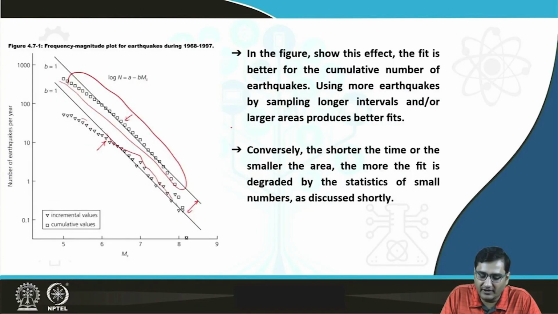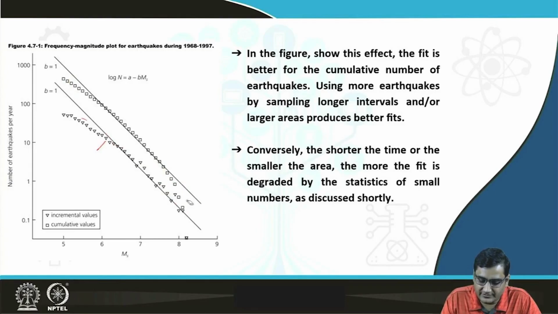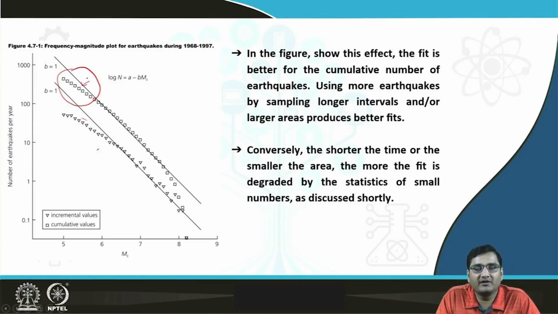If you look at this curve here, let me show it to you. You can see for the smaller magnitude, the curve is not fitting this straight line. That means it is deviating from the slope of the straight line, that was b equal to 1. And also for the higher magnitude, you may see it is again deviating.